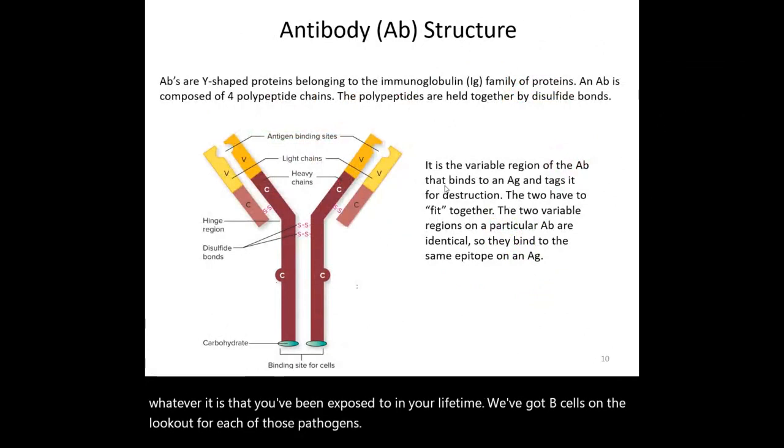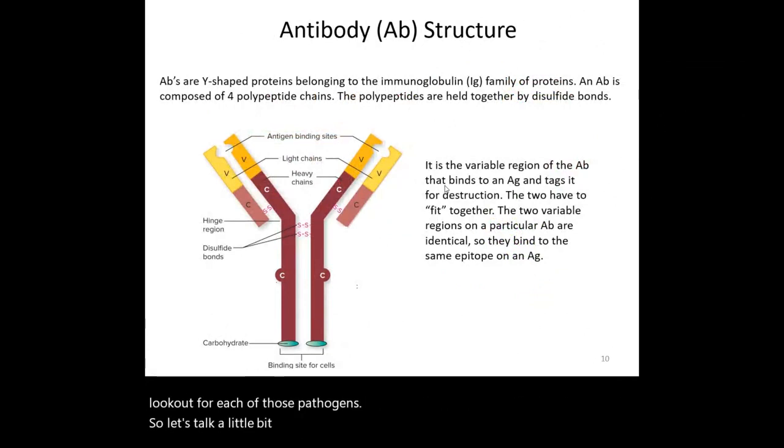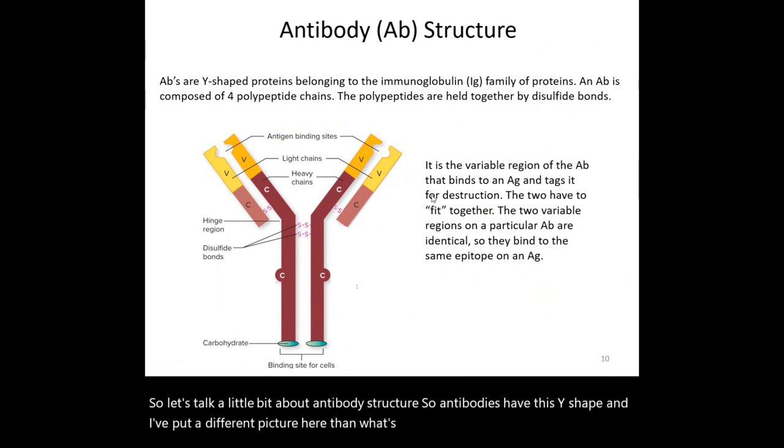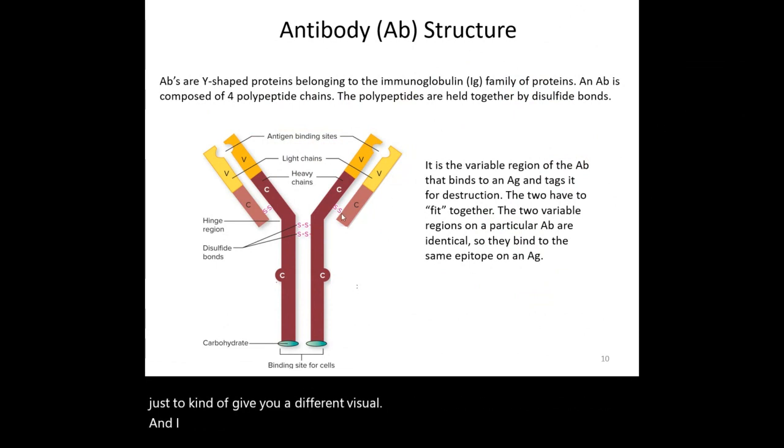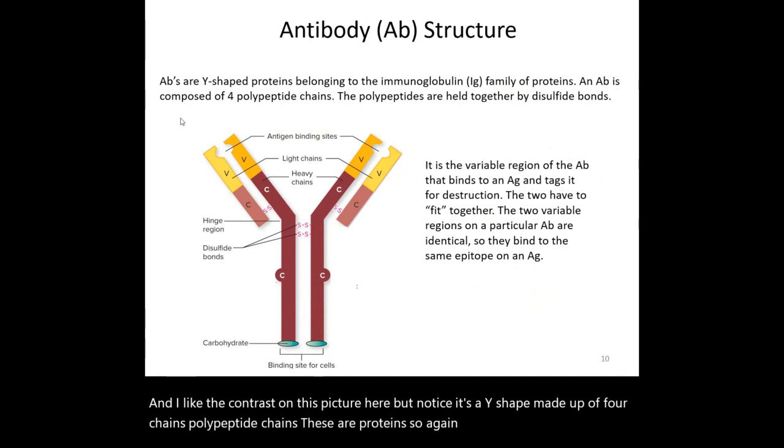So let's talk a little bit about antibody structure. Antibodies have this Y shape, and I've put a different picture here than what's in your PowerPoint that I posted for the class, just to give you a different visual. I like the contrast on this picture here. Notice it's a Y shape made up of 4 polypeptide chains. These are proteins, so they're made up of amino acids.